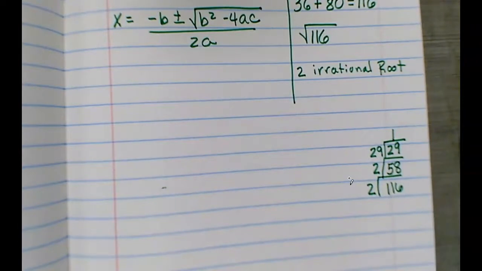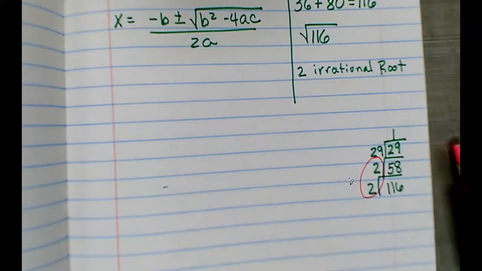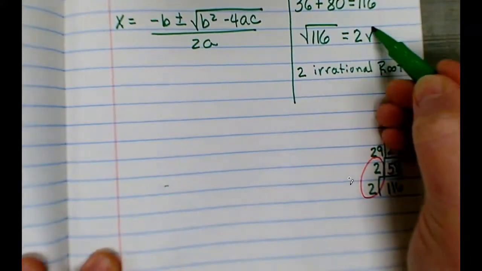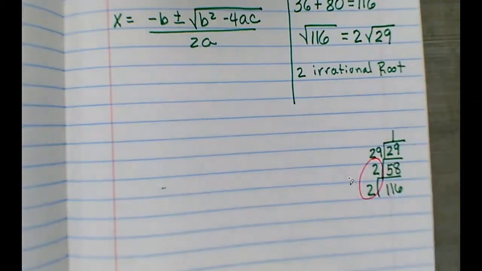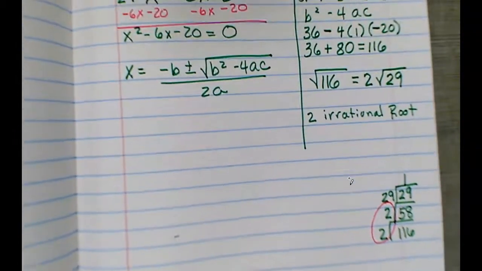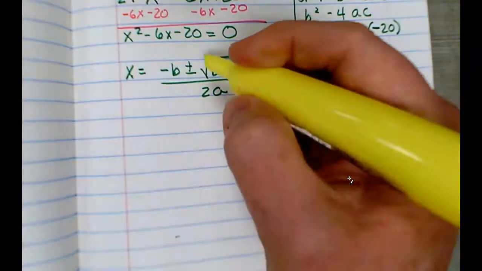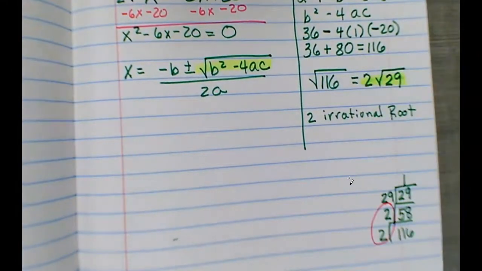Why do we do the birthday cake? To find the pairs. This has a pair of 2's, and the 29 does not have a pair. So that is the simplified version. This is equal to this part right here.